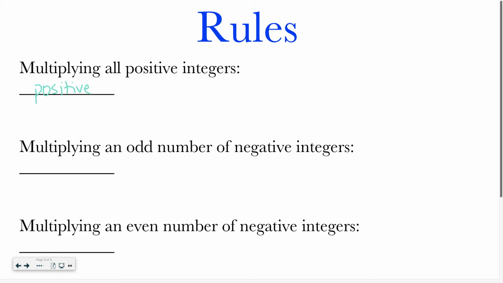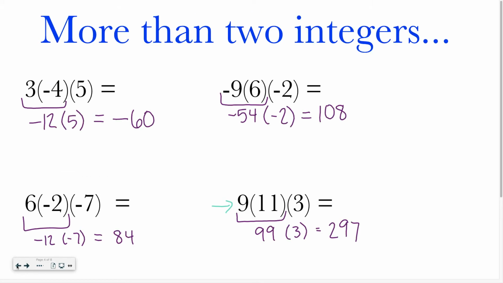Now, multiplying an odd number of negative integers, so having 1 or 3 or even 5, 7, all of the odd numbers, results in what kind of answer? If I look at this first example, I have 1 negative, and I ended up with a negative answer.